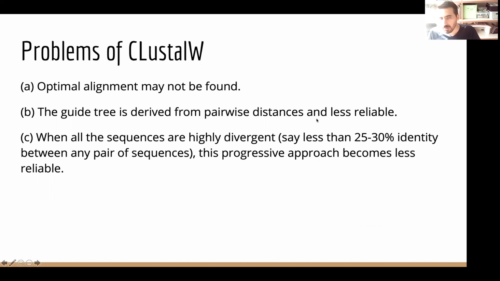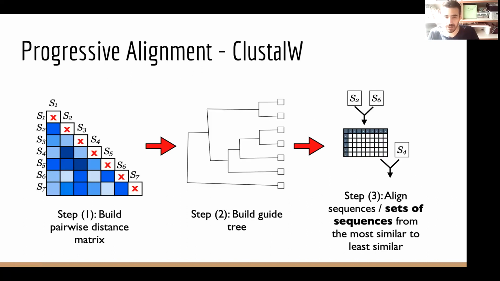Again, there are some problems with ClustalW. One problem is that the optimal alignment may not be found, and the guide tree is derived from pairwise distances, which are not very reliable. Pairwise distances are necessary because you have to have a guide tree.